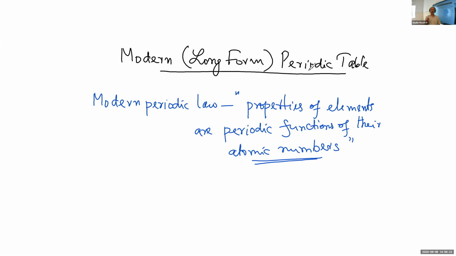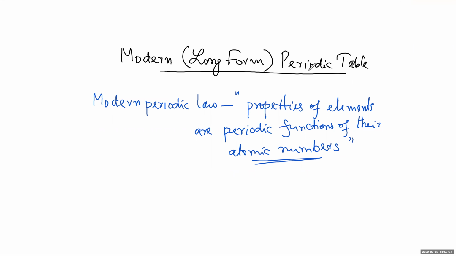Mendeleev arranged the elements in the increasing order of their atomic masses. He considered atomic mass as the fundamental property of an element.